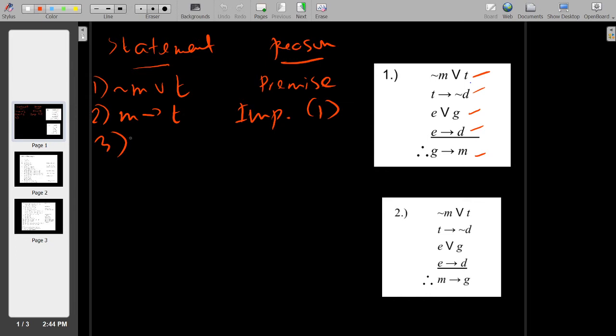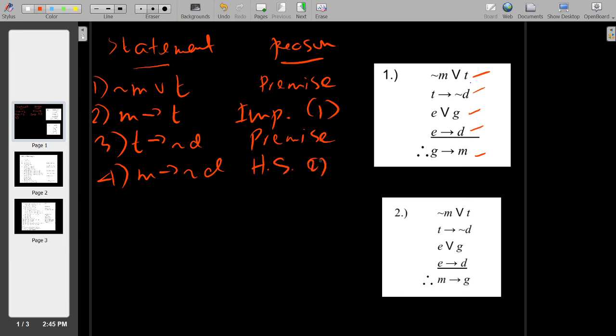Okay, third statement, you have T implies not D. Again, this is premise. Let's have the fourth statement: M implies the negation of D. From statements 2 and 3, if M implies T and T implies the negation of D, therefore M implies the negation of D. Our reason is hypothetical syllogism from statements 2 and 3.